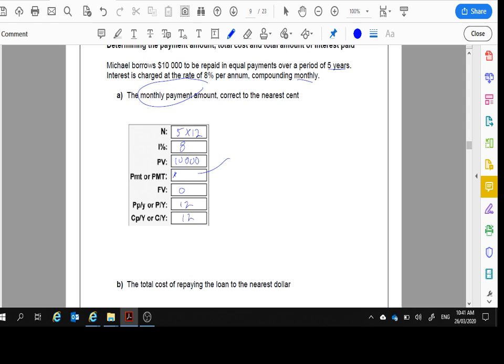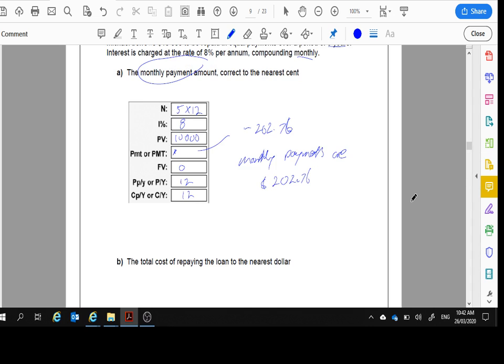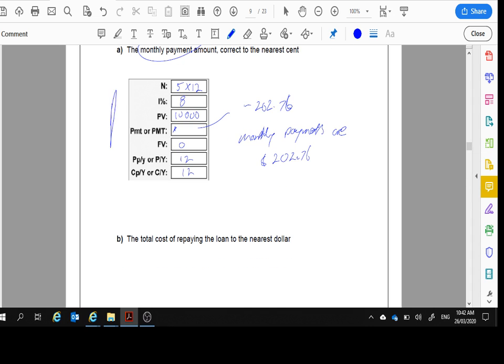What's it giving us? Negative 202.76. So his monthly payments are $202.76. Remember, the negative just means he's paying them back. Total cost of the loan: at the end of the 5 years, he's got no more to pay.